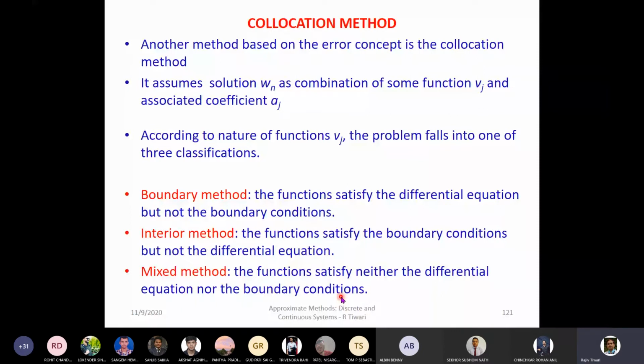And depending upon the complexity, if you are not able to solve the problem, better we use some approximation and then try to get a solution. The method is relatively easy, but we will see the complexity in the solution of the eigenvalue problem here.